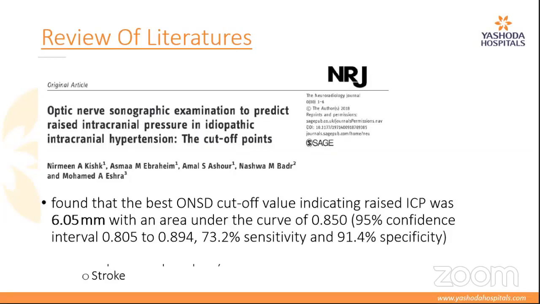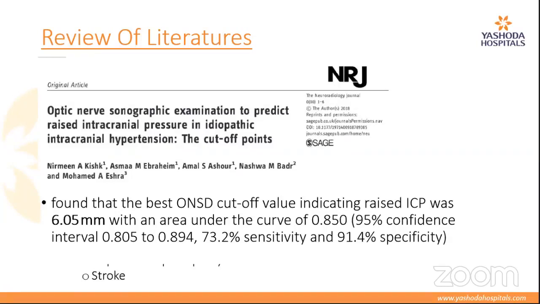The raise in intracranial pressure was studied using sonographic examination, that is USG, and it was found that the cutoff value indicating raised ICP was around 6.05 mm with an area under the curve of 0.8.